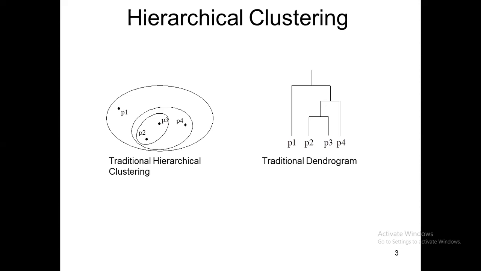And another point is that we can also create the dendrogram. That is another concept, the traditional dendrogram. What is a dendrogram? A dendrogram is constructed to represent the hierarchical relationship between clusters. So it maintains the hierarchical relationship between clusters. There are a number of clusters in the data points, right?